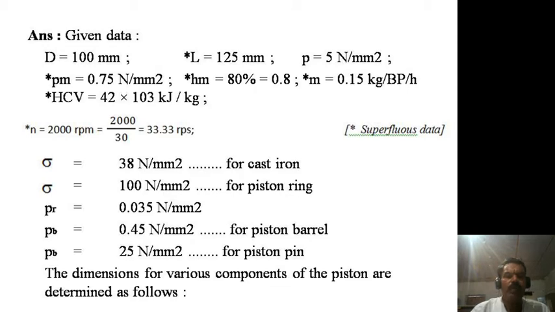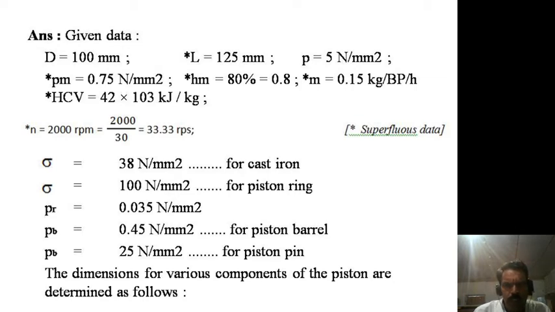HCV, higher calorific value, is 42 into 10 raised to 3 kilojoules per kg. N is equal to 2000 rpm, but I am going to convert it into rps. That is 2000 divided by 60, but it is wrongly printed as divided by 30. Instead of 30, make the correction: 2000 divided by 60, that is 33.33 rps.